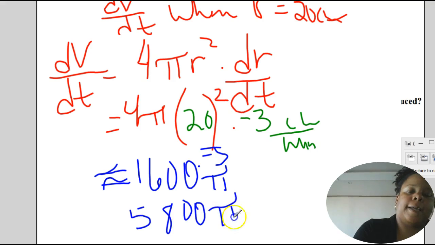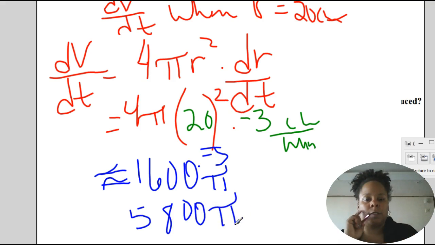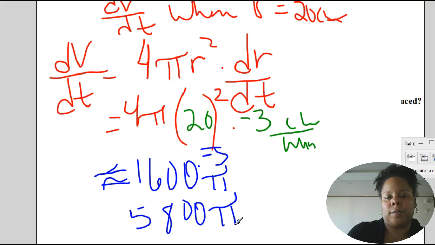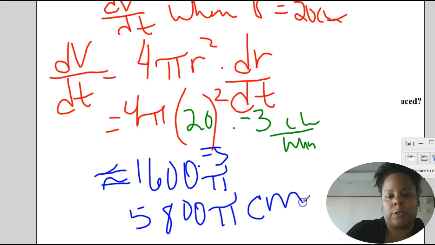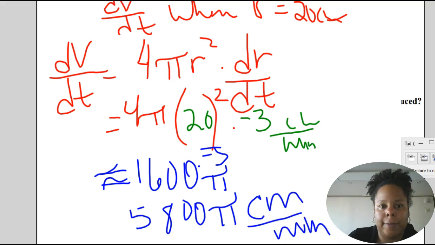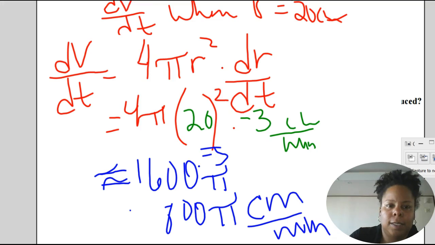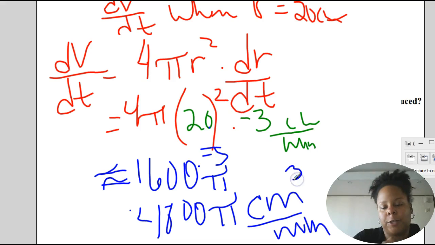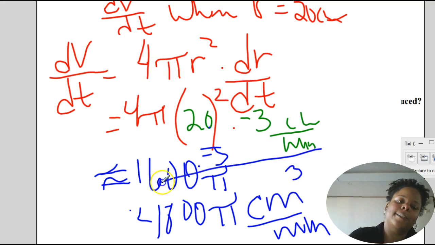Okay, I made a numerical error. 3 times 16 is not 58. It is 48. And then it's centimeters squared times centimeters per minute, so this should be centimeters cubed per minute. And this is my answer.